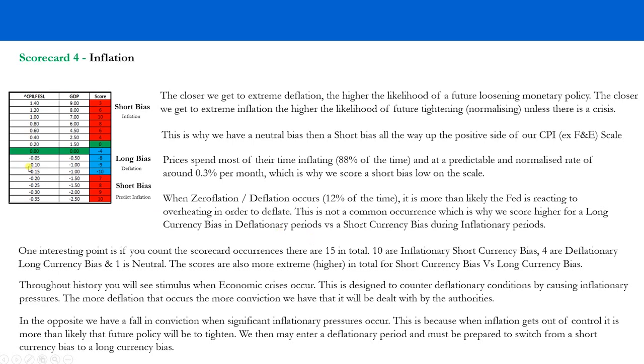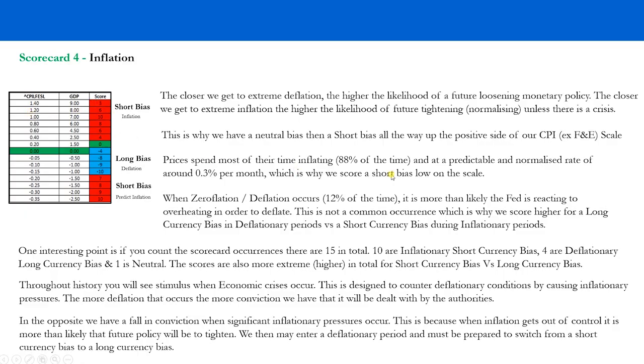In the opposite, when we look at the positive side, we have a fall in conviction when significant inflationary pressures occur. So when we get to extreme numbers, outside our normal bounds, we fall in conviction.